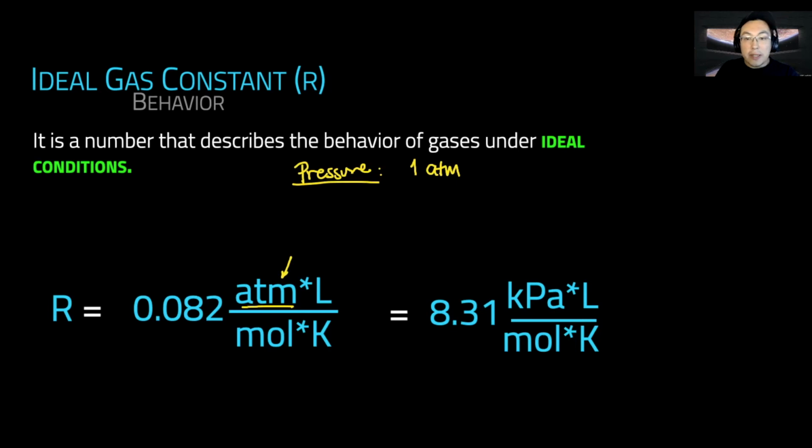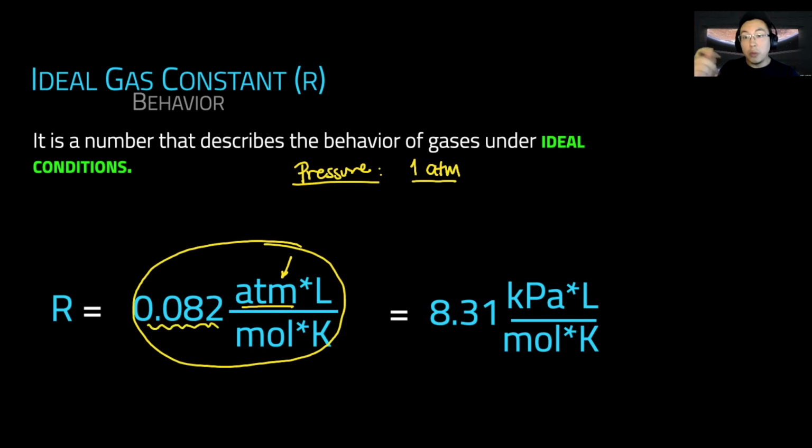So in this example, for 1 atmosphere, we will be using this number that we have on the left, right? Consider that this number is the one that you will be using in your calculations. And this whole thing that you have next to it is what we call the unit. This would be the unit assigned to this particular constant.